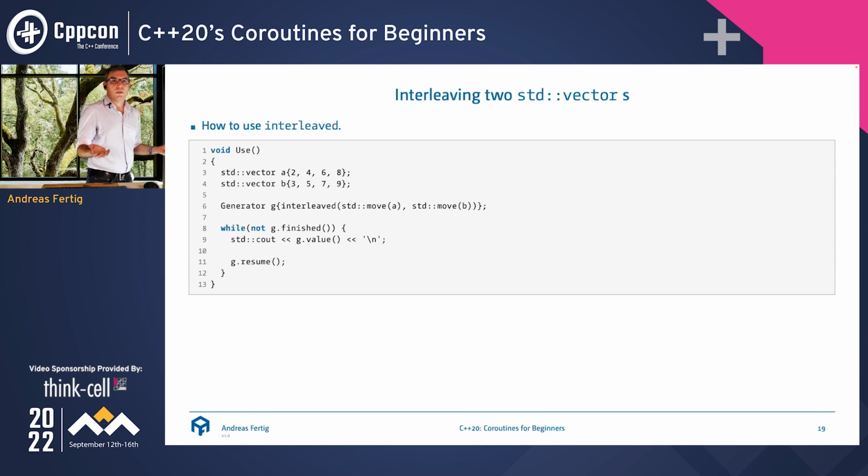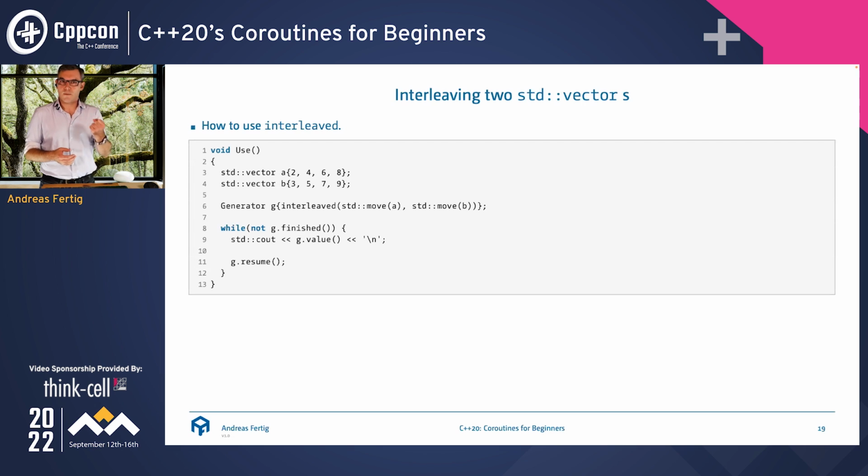So and here's how we use them. I have a function use that declares two std::vectors, a and b, with the previously shown values. In line number 6, it sets up my coroutine, of type generator, call it g, calling the function interleaved and moving the two std::vectors into the coroutine for efficiency purposes. And then you see, once again, a while loop here, where I ask whether g isn't finished.